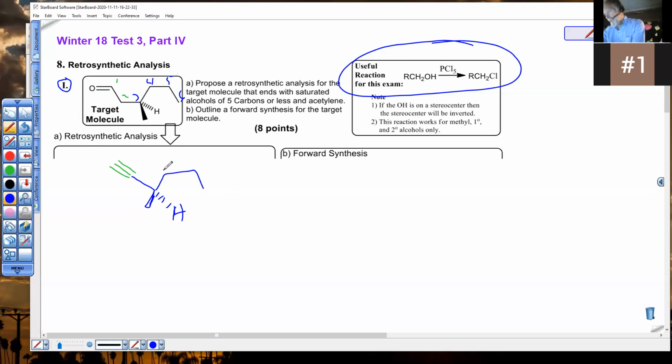I am sorry, I got way ahead of myself. So, do you see how everything here is the same as the molecule above? Except these 2 carbons used to be these 2 carbons, and a terminal alkyne can be made into an aldehyde, and you'll show the teacher down here.